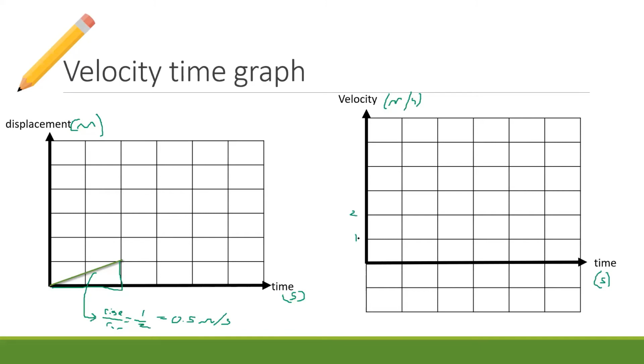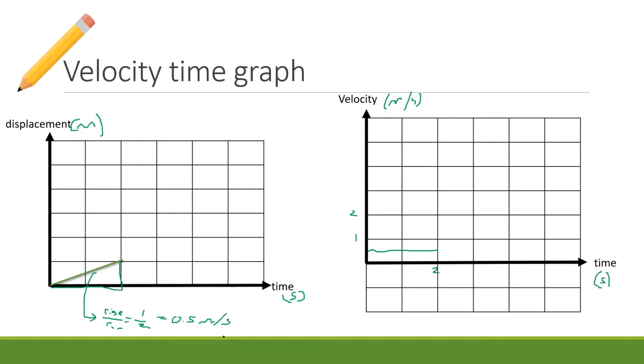Because it's a constant 0.5 meters per second, I'm going to draw a straight line, as straight as I can with a shaky hand. There. That represents the start. This is so much easier to do in person on a whiteboard, but still, that green line represents the start of this journey, the first 2 seconds. Because in the first 2 seconds, the speed is a constant 0.5 meters per second.